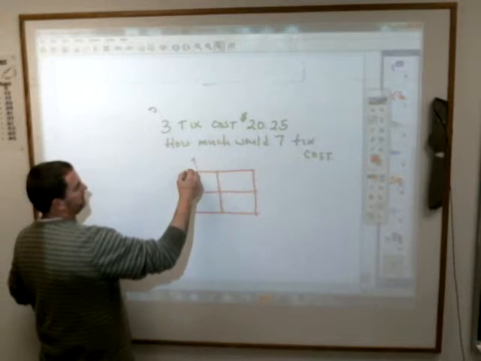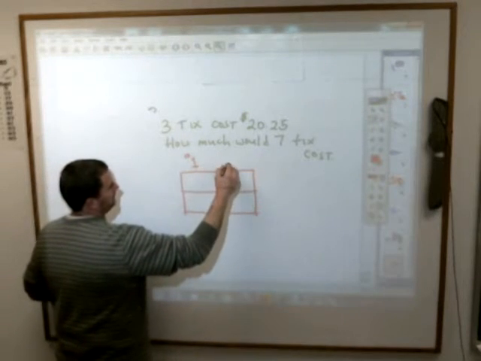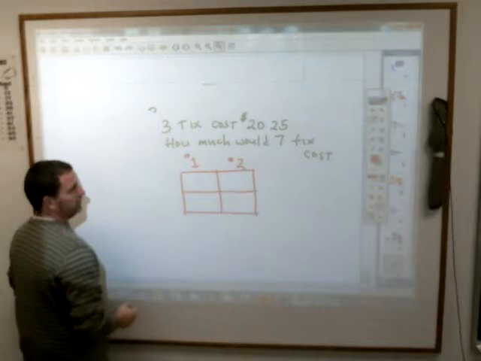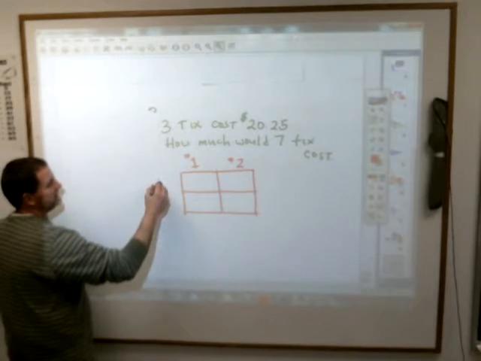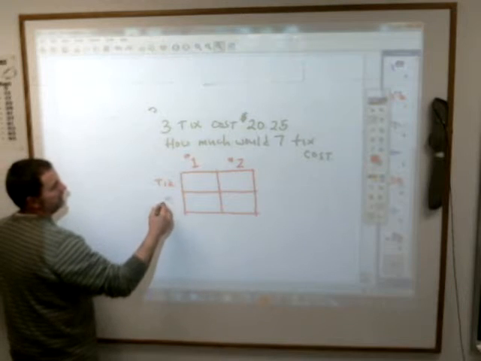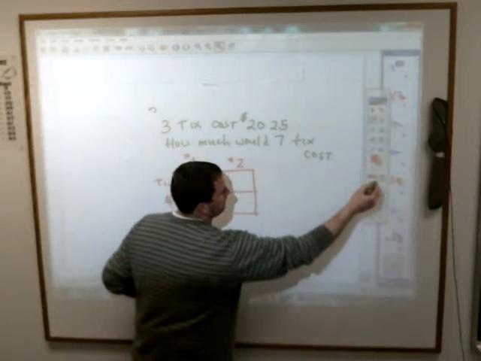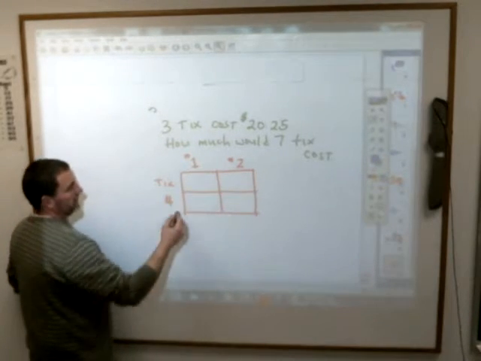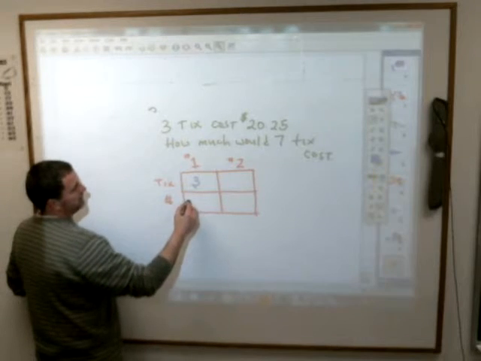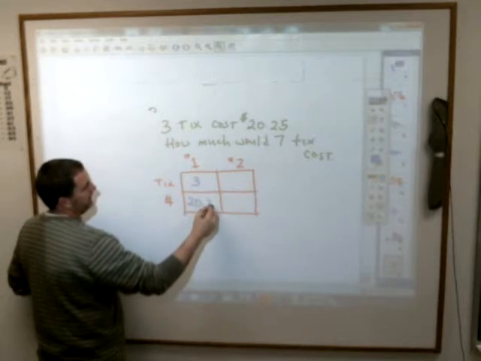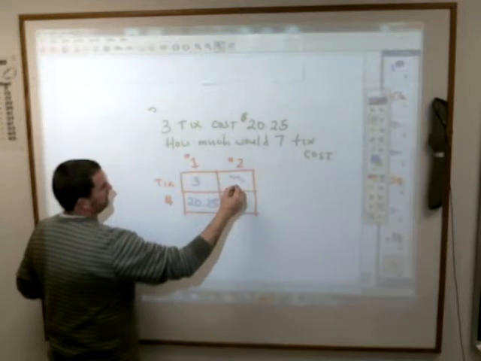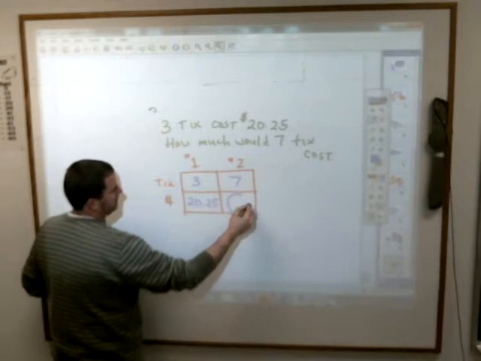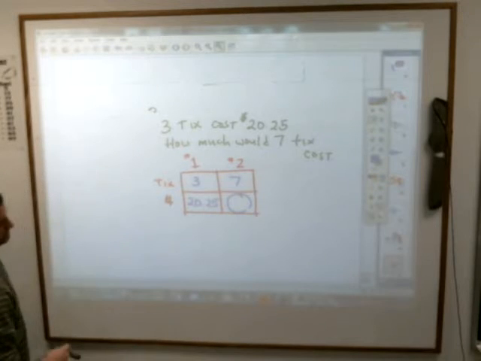Alright, again, you got case number 1, case number 2. What are the 2 things? What's my comparison? I am comparing tickets to how much they cost. Filling in the blank, we know that 3 tickets cost $20.25. I know I have 7 tickets and I want to know how much they cost.